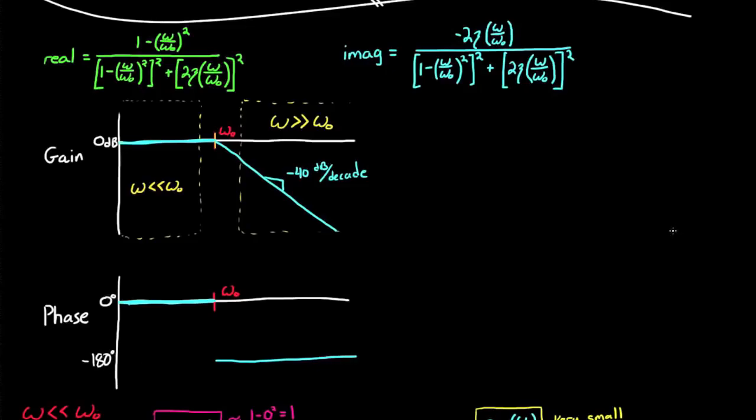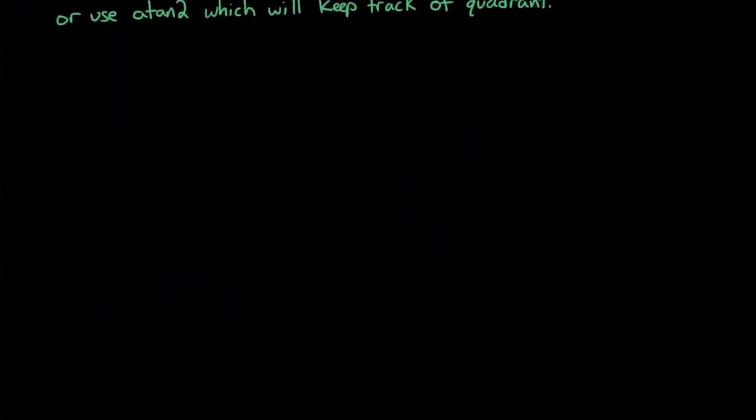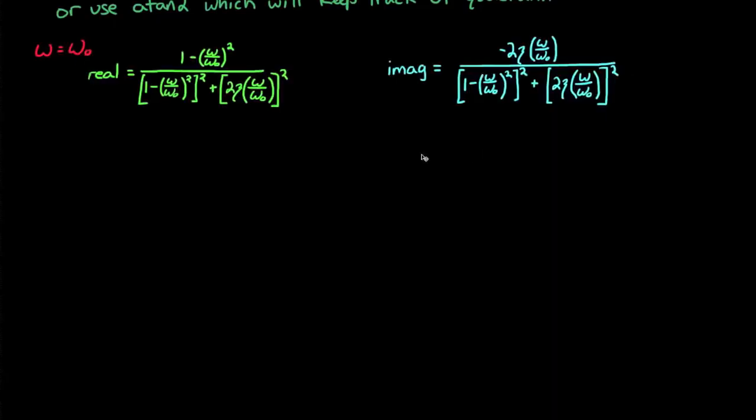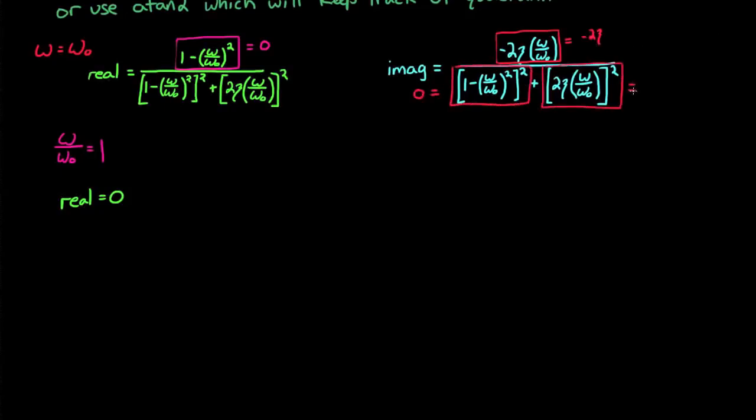Alright, that just leaves what happens when your input frequency equals your break frequency. In this case, omega divided by omega naught equals 1, which zeroes out the numerator in the real component and makes it a value of 0. The imaginary component becomes minus 2 zeta divided by 0 plus 2 zeta squared, or minus 1 divided by 2 zeta.